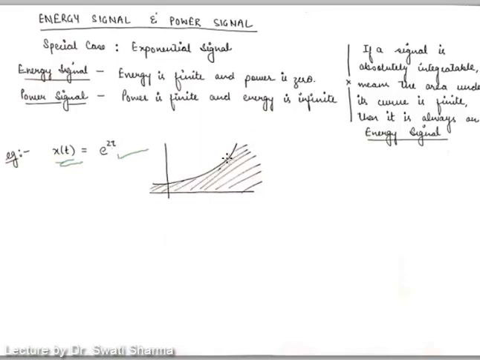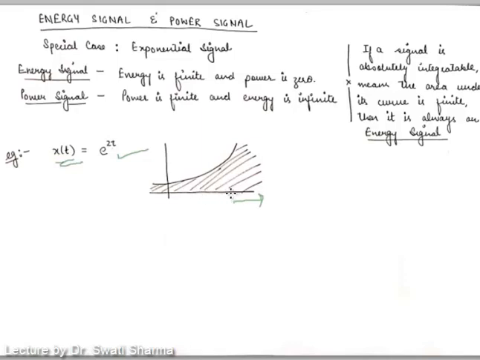If you closely notice this graph, on the negative axis the graph has a finite value, whereas on the positive axis the graph is increasing and approaching infinity as the time approaches infinity.